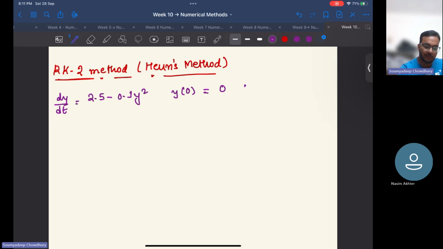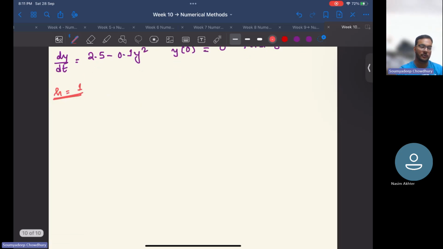So y of 0 is given as 0. We have to find y of 2, right? First we'll do it using step size h equal to 1. That is, our problem will be solved in 2 steps, from 0 to 1, then 1 to 2. Here we introduce two variables for ease, K1 and K2.